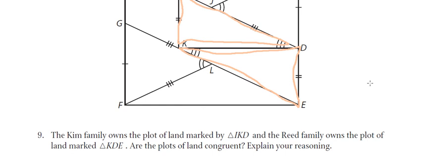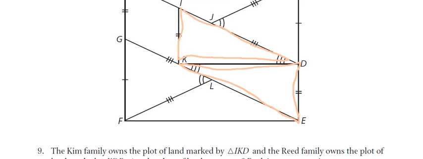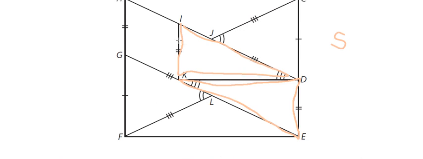All right, so in this one here, they give us a congruent side. We know that IK is the same length as DE, so that's a side. We also know that this piece, K to D, is congruent to itself. So we have another side that's the same.